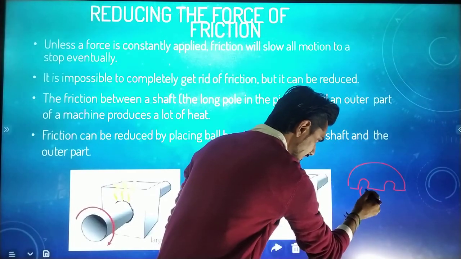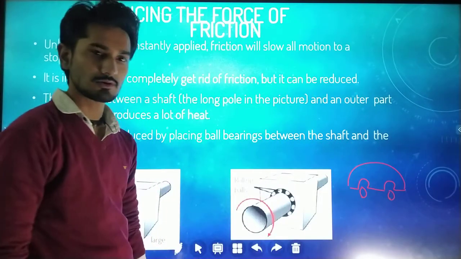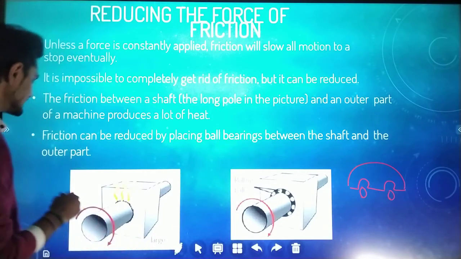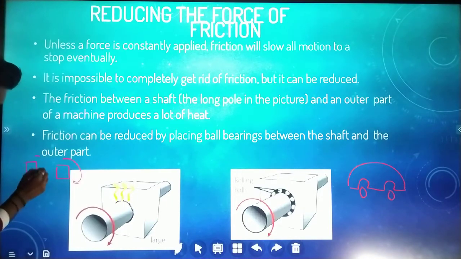Suppose these are the tires of a car. But what happens if the car's tire is made like this, and it has to rotate now?